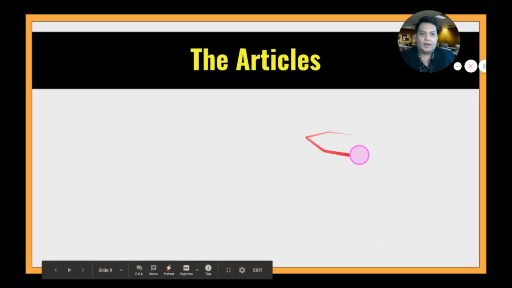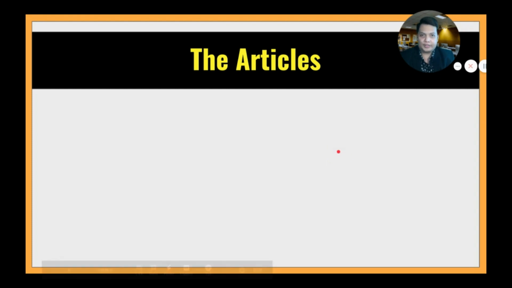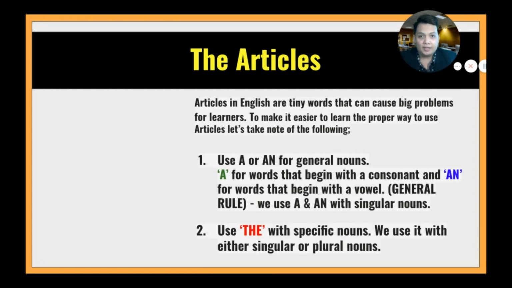So now, after talking about telling time, let's move on to articles. Some few reminders. Articles in English are tiny words that can cause big problems for learners like you. So to make it easier to learn the proper way to use articles, let's take note of the following. Use a or an for general nouns. Again, for general nouns.